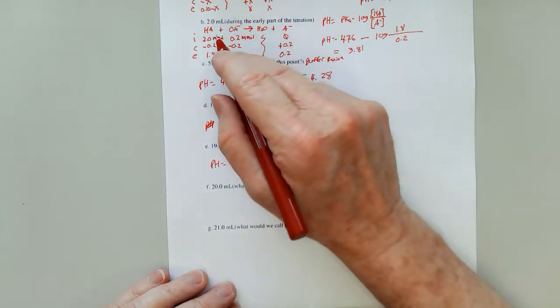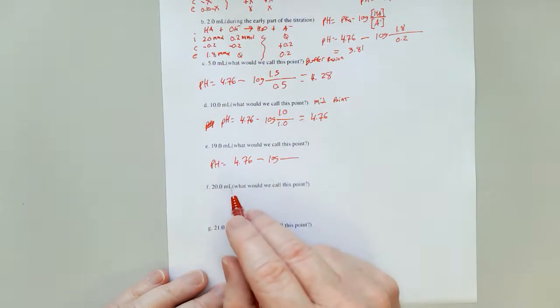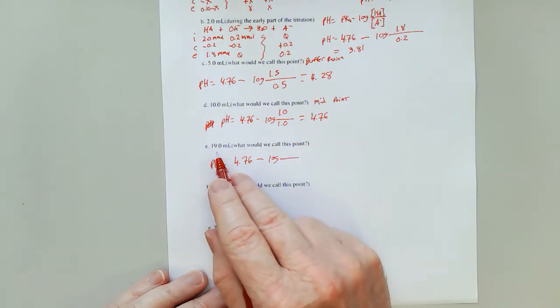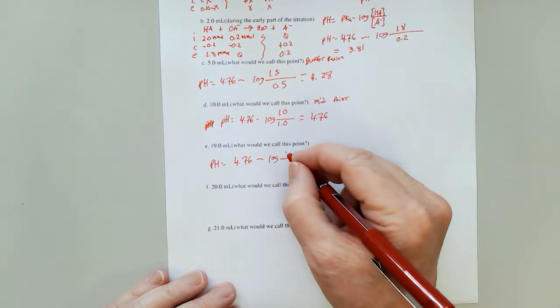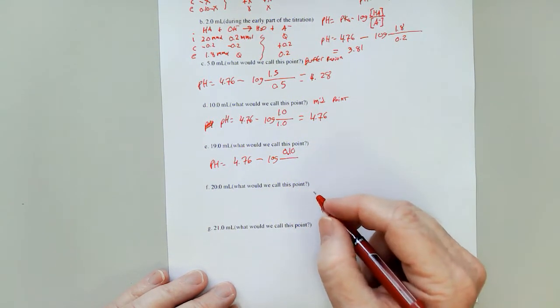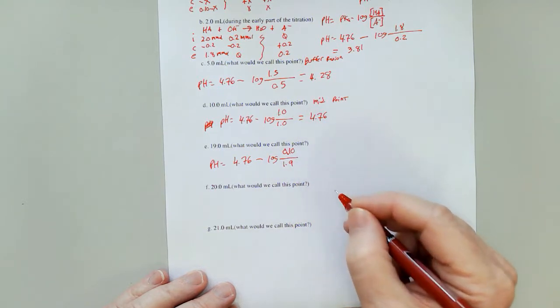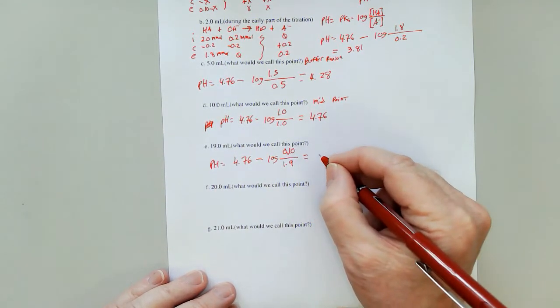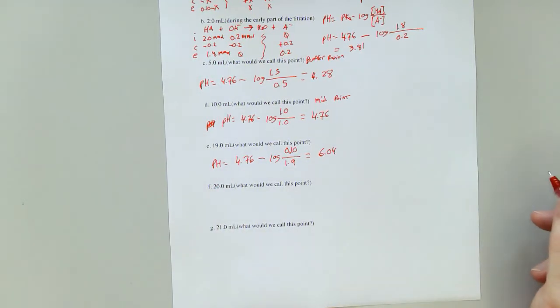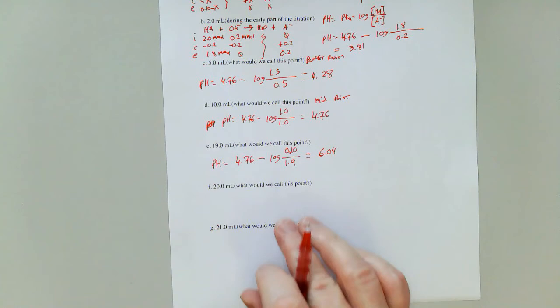I started out with 2.0 minus, and the amount of base at this point is going to be 1.9, which means I have 0.10 of the HA left, and I have 1.9 of the A minus left, and this comes out to be 6.04. Okay, that's a bigger jump now, and in my next jump, it's going to shoot up a lot because it's going to stop buffering.